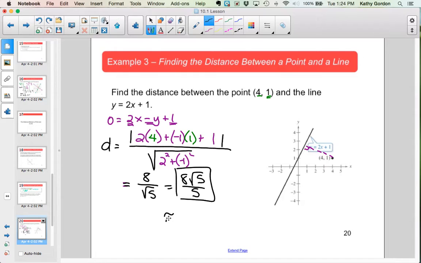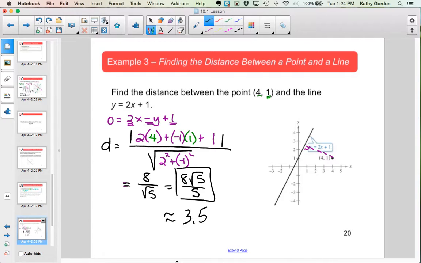And so if this was that kind of problem where this is Johnny's house and that's the road, how far is Johnny's house from the road? How much? 3.5. About 3.5. Okay? So it just depends on what the context is.